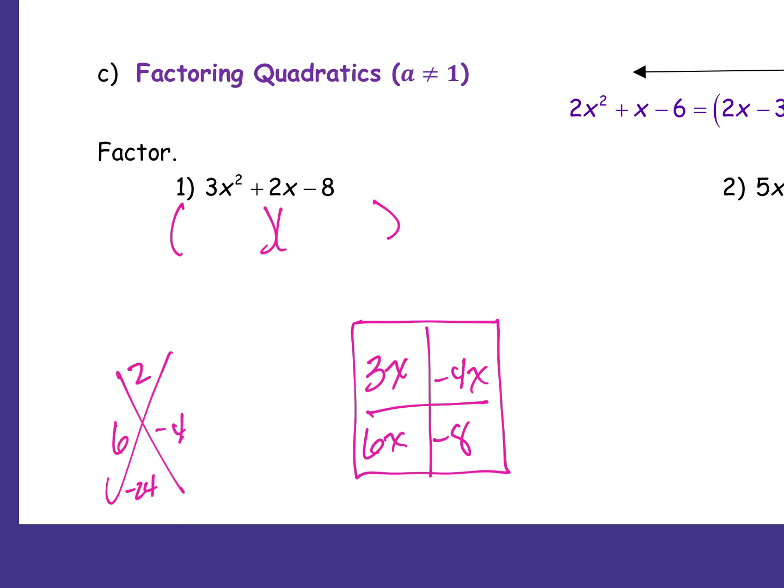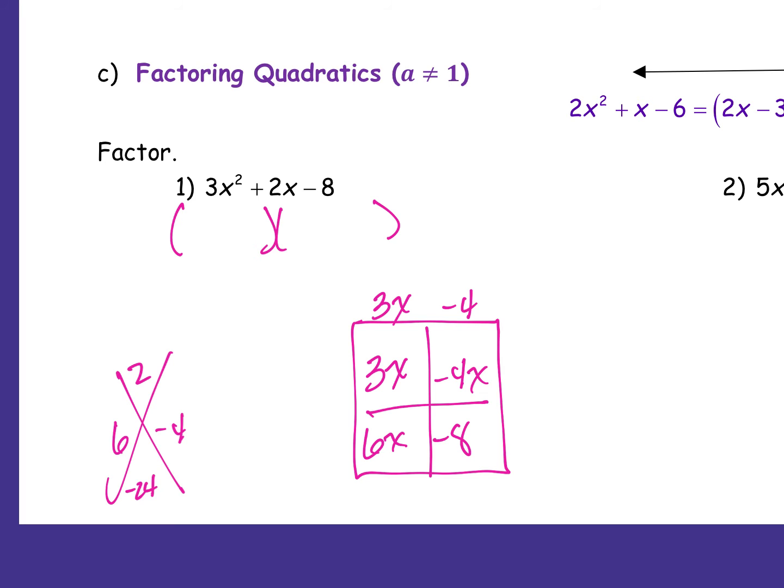So what goes into both 3x and 6x? 3x, right? Okay, what goes into both negative 4x and negative 8? Negative 4, good. What goes into 3x and negative 4x?